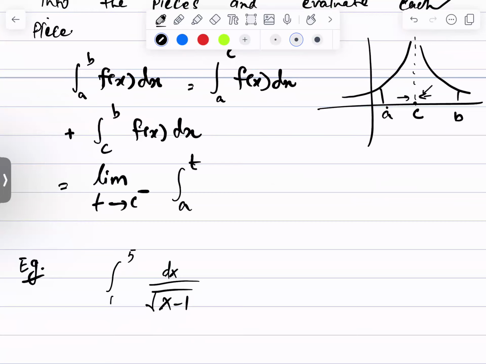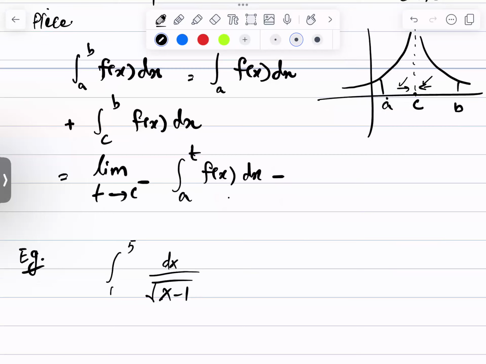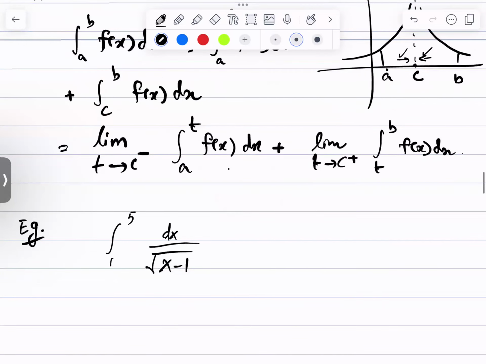So this way is also valid, that way is also valid. I'll just work with C minus, that means approaching from the left. And then you can take limit t tends to C plus, say, and then t to B f(x) dx. And then evaluate.